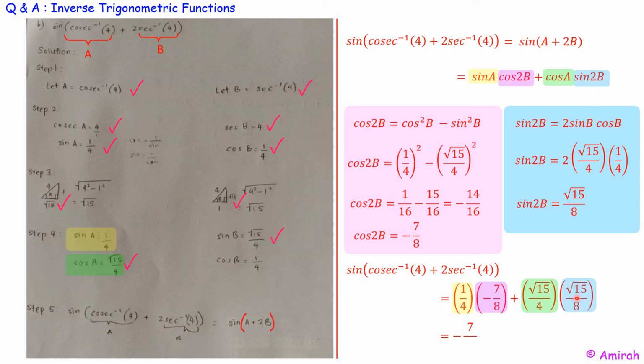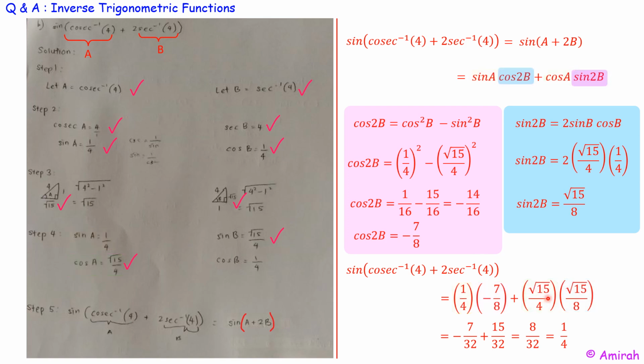Got it? Then we simplify, so we get negative 7 over 32 plus root 15 times root 15 equals 15, and then over 32, and then equals 8 over 32, and after we simplify, we get 1 over 4. Right?